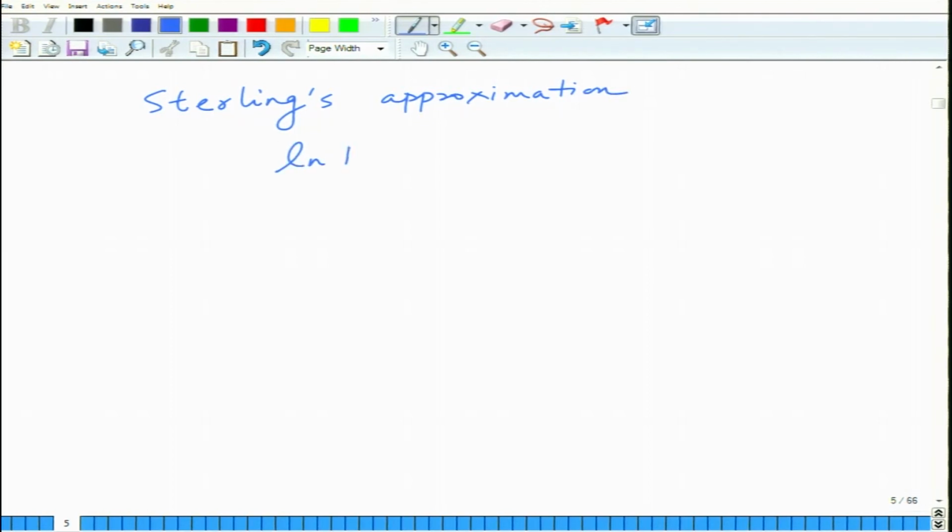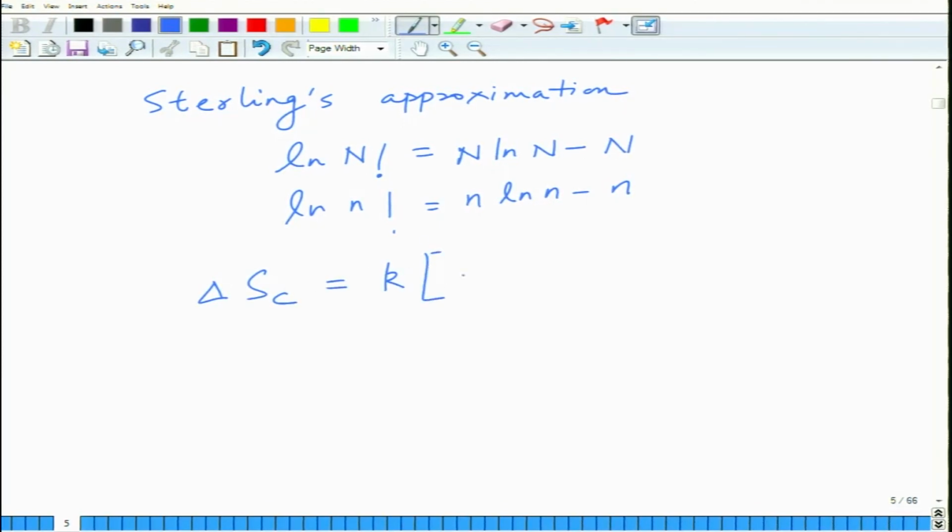Which is ln N factorial equal to N ln N minus N, and likewise you can write ln n factorial equal to n ln n minus n. If you apply this approximation to the above equation, what you find is that delta SC is equal to k into [N ln N minus (N minus n) ln (N minus n) minus n ln n].